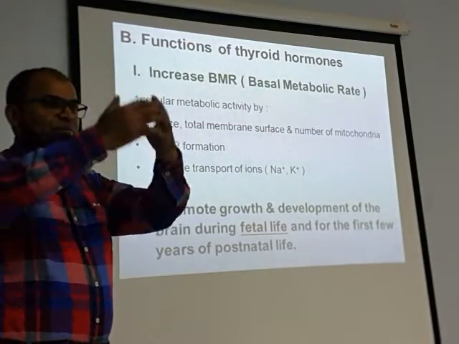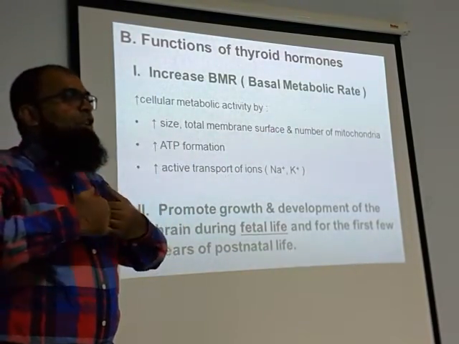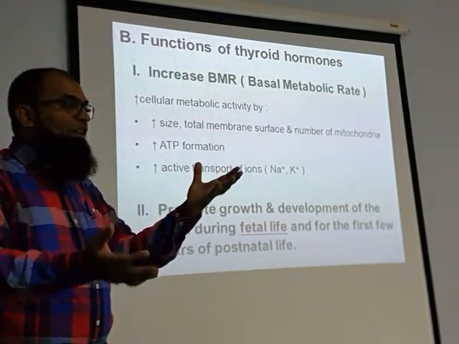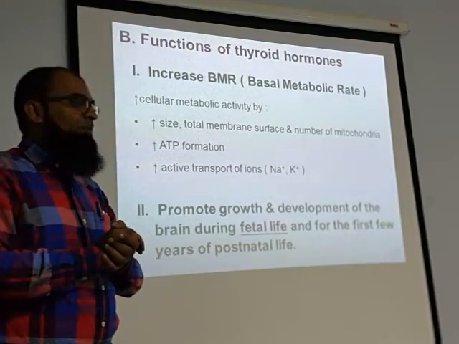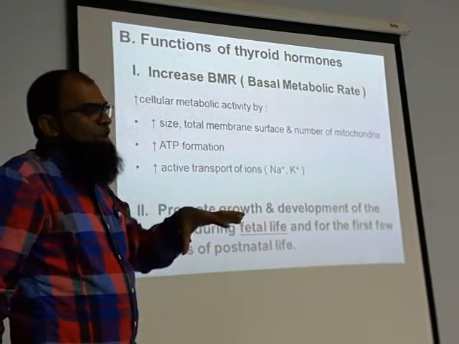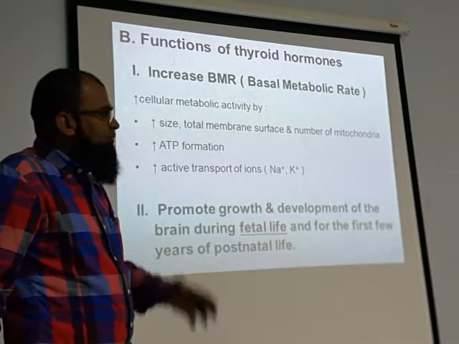There is increased metabolism in the cells, so increased ATP production and increased heat production. So that's an increased basal metabolic rate. At resting condition also it produces more heat.